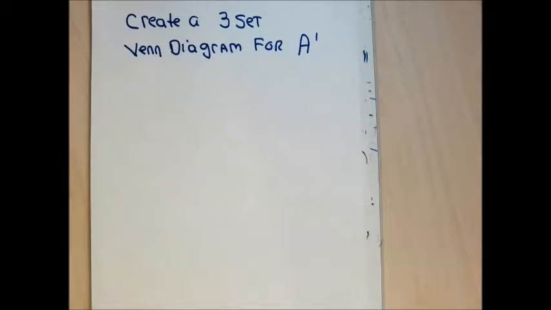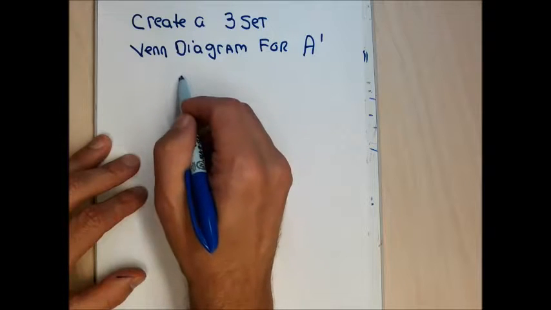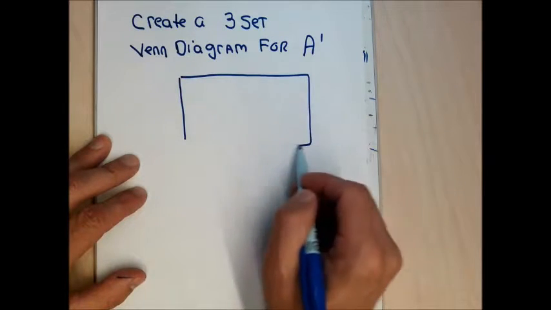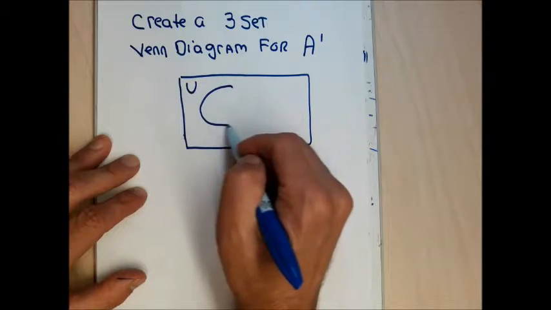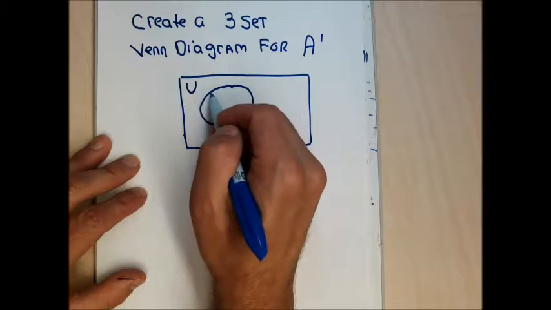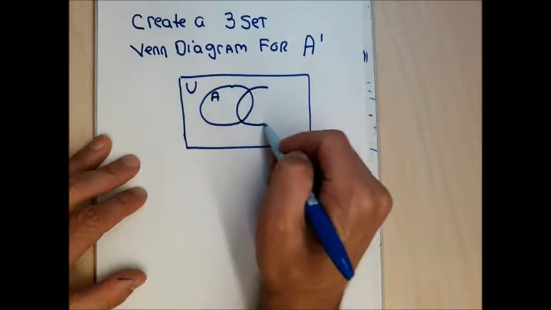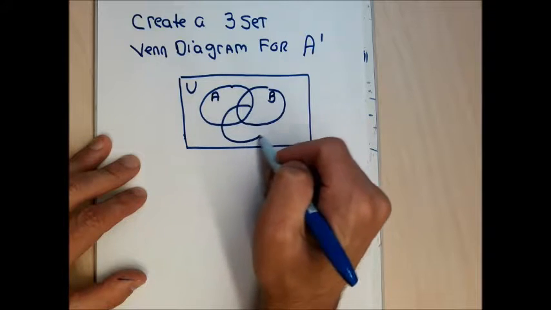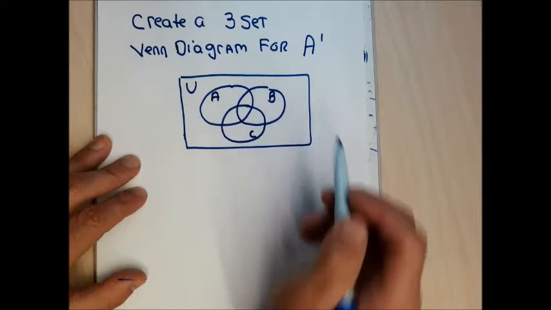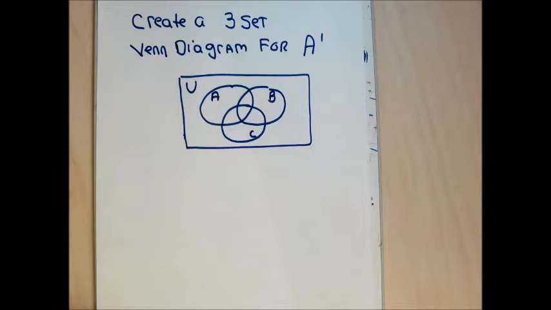So let me draw a 3-set Venn diagram to represent A complement. I draw my universal set with a rectangle. In the upper left-hand corner, I write a set A. Right next to it, I write my set B. And underneath them, I write my set C. And again, as long as the name of the set is close to the circle, it doesn't have to be inside the circle.